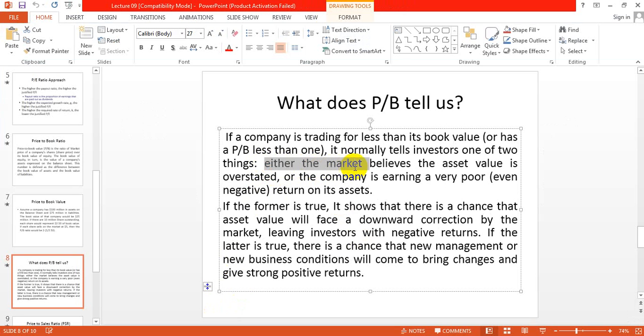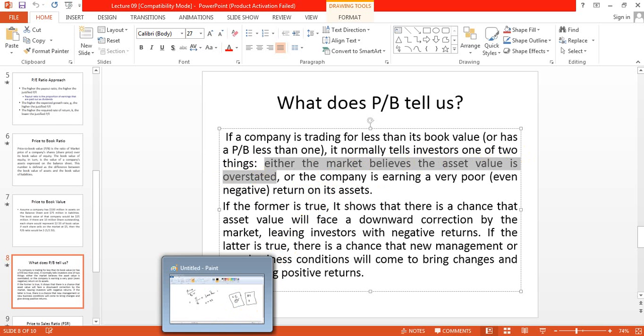Either the market believes the asset value is overstated. The people in the market, the investors in the market, they think that the market believes the asset value is overstated.